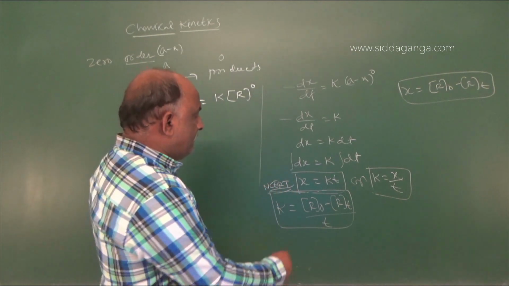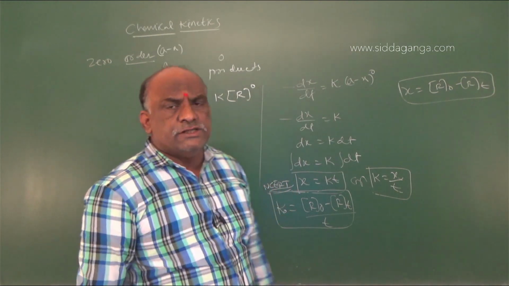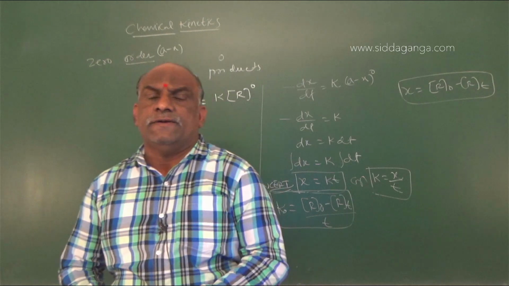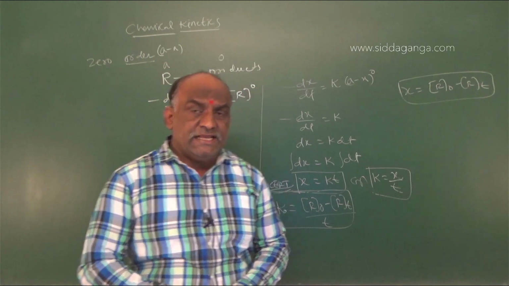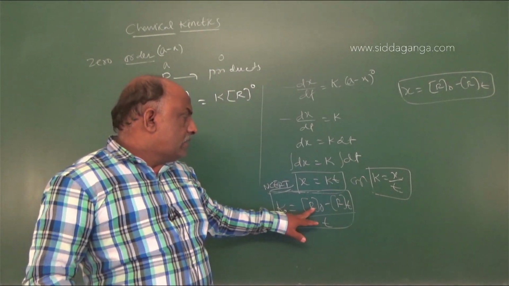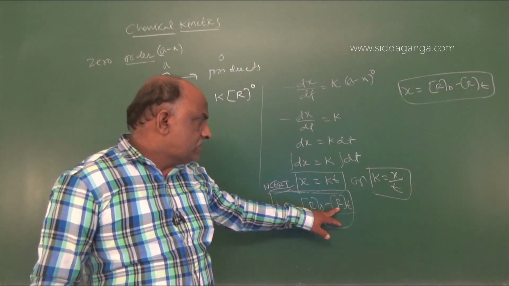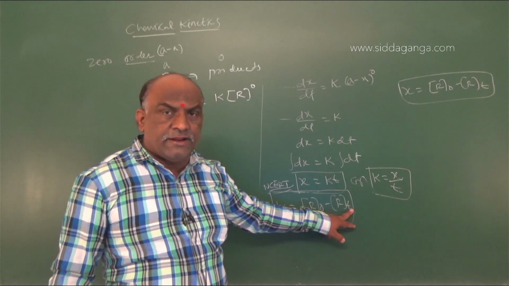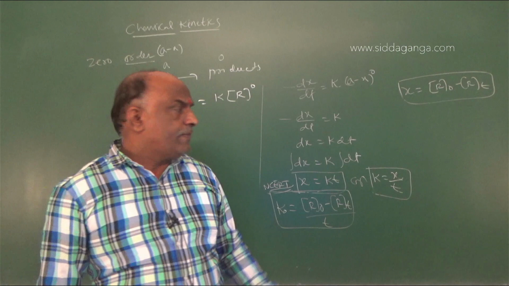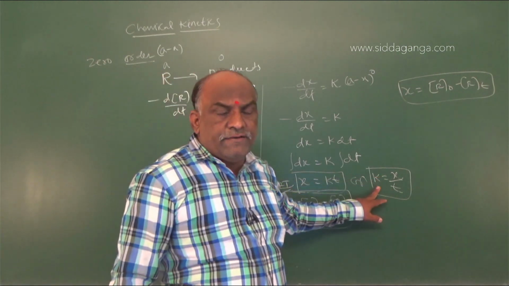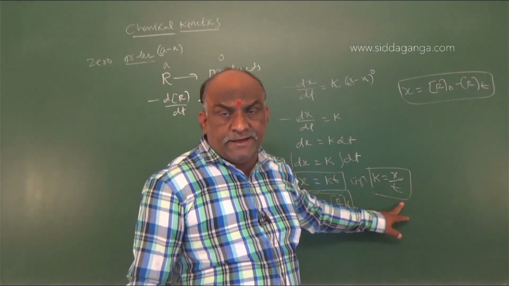So what does K0 mean? K0 is the zero order rate constant. The zero order rate constant is equal to the concentration R naught minus the concentration R at time t, divided by t, or by the old derivation, k is equal to x by t.